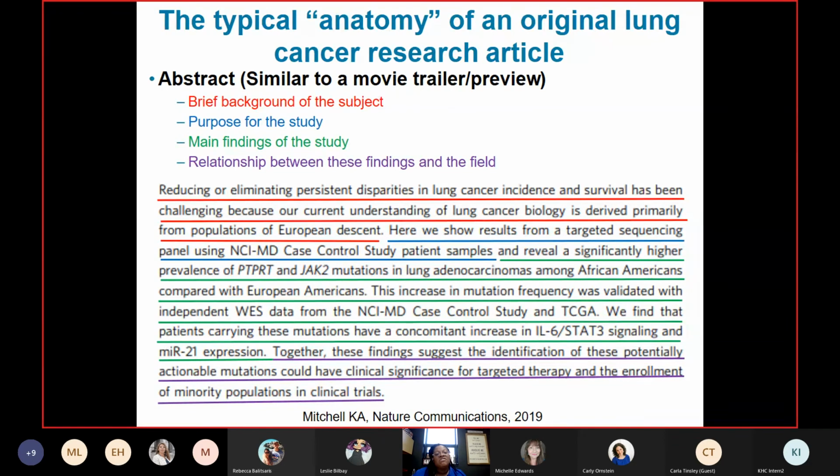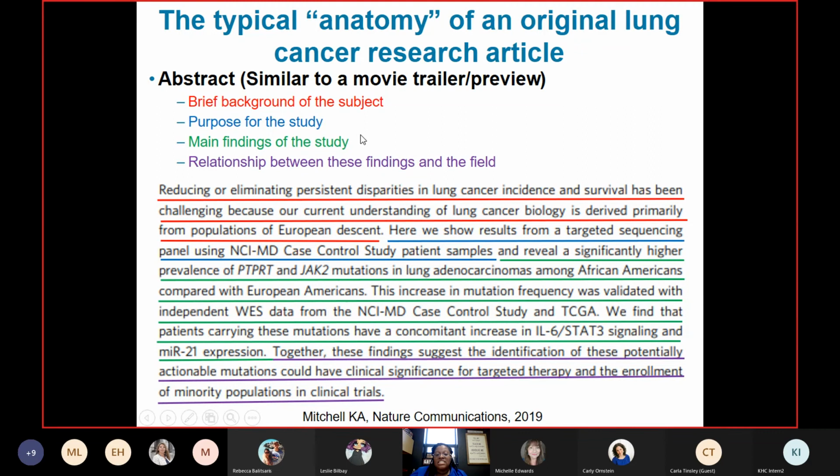Right? So next you see in blue here, the purpose for the study. And underlined in blue here, we talk about the purpose of this particular research study. So we were trying to look at DNA and find different biomarkers that could tell us how we could treat particular subgroups of patients with lung cancer.